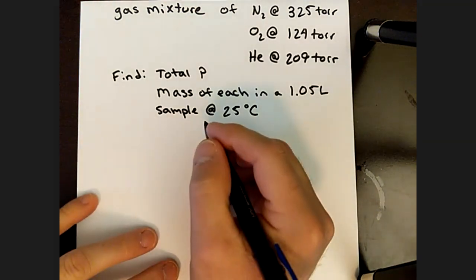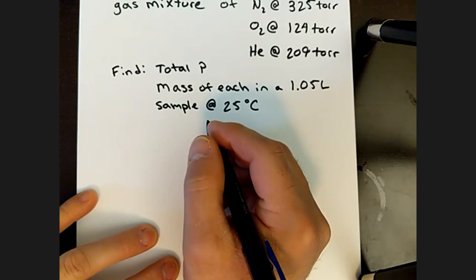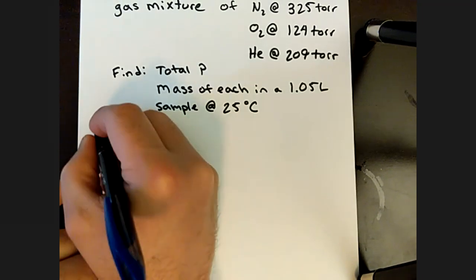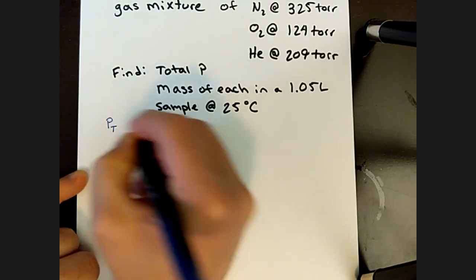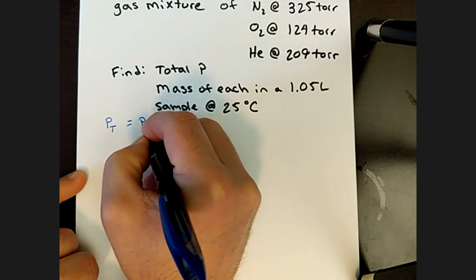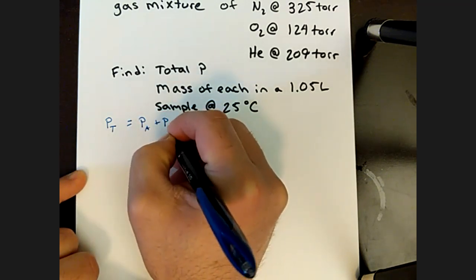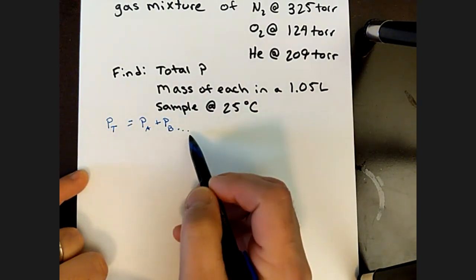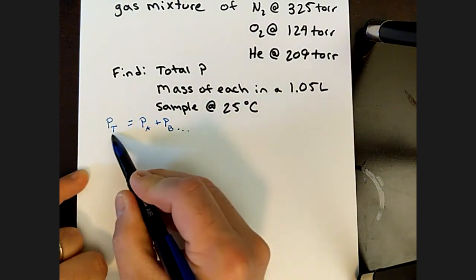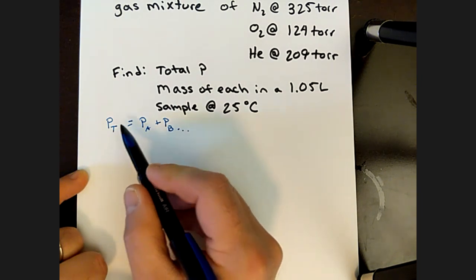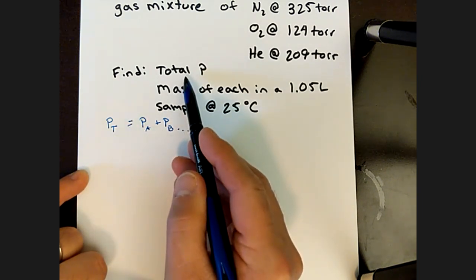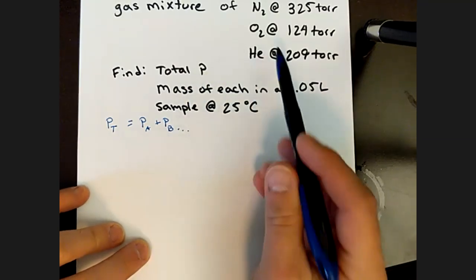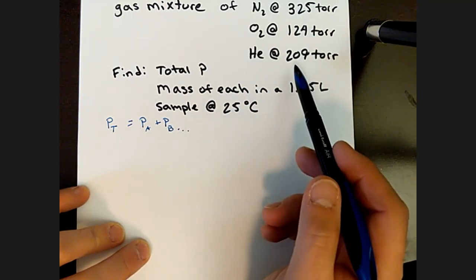In general, there are a couple of equations that will come into play here. The first being that the sum of all the partial pressures adds up to the total pressure of a system. So if we're looking for the total pressure here, this value is obtained by adding up all of our partial pressures.